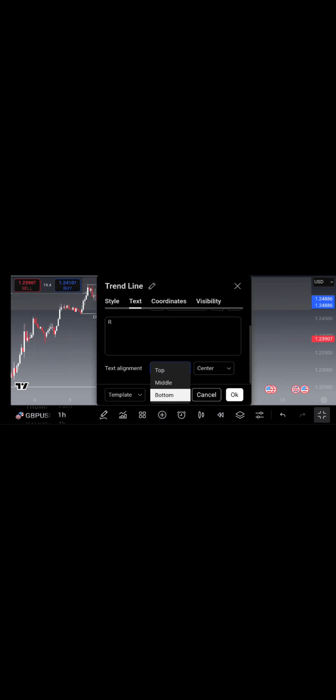So now what I'm anticipating is something like this. If it breaks below there, obviously this is going to be my R, but only if it breaks below. If it doesn't break below, I was wrong.